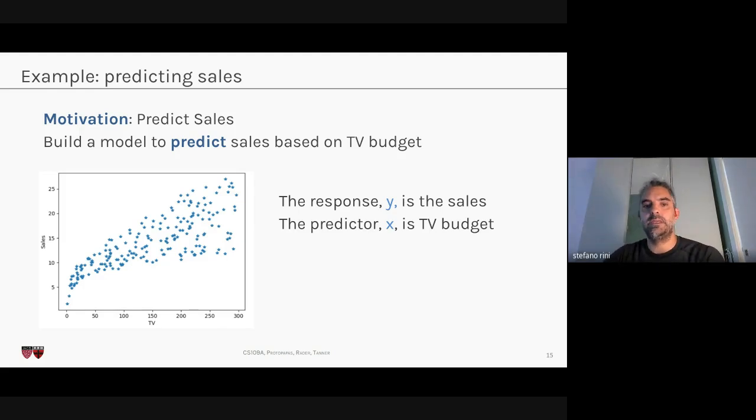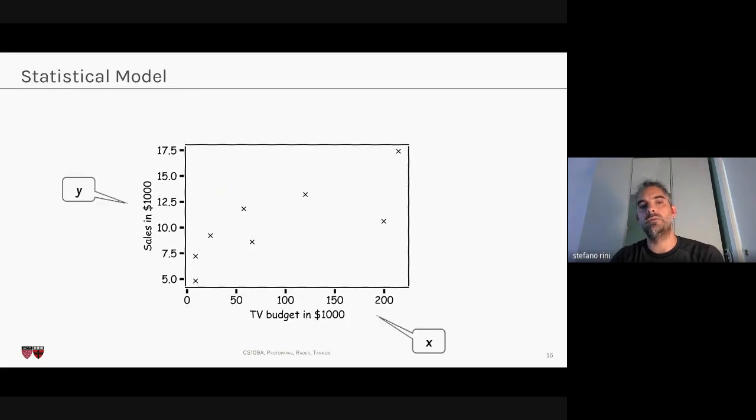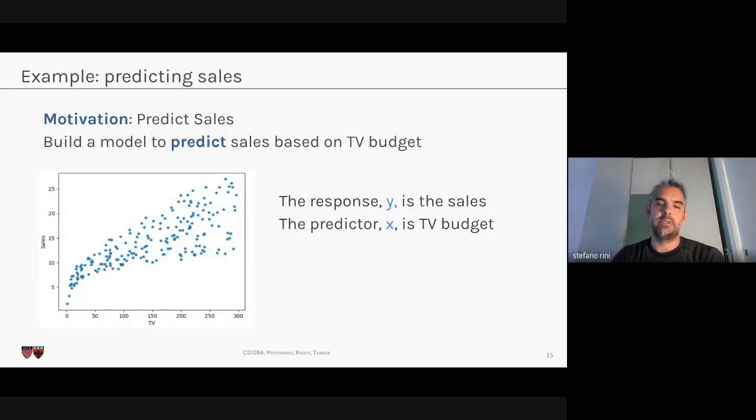And then there seems to be maybe some sort of linear relationship between the budget and the sales in the regime between 120 and 300 TV budget. Okay, so in this case, we will say that the response is Y, the predictor is X, and what we are trying to do is to create a statistical model that predicts a certain Y value for a certain X budget.